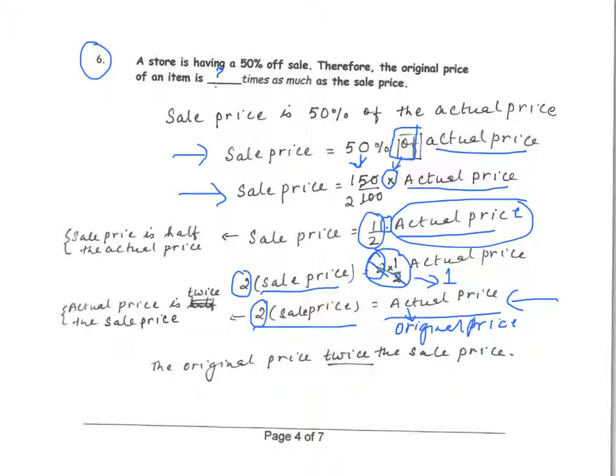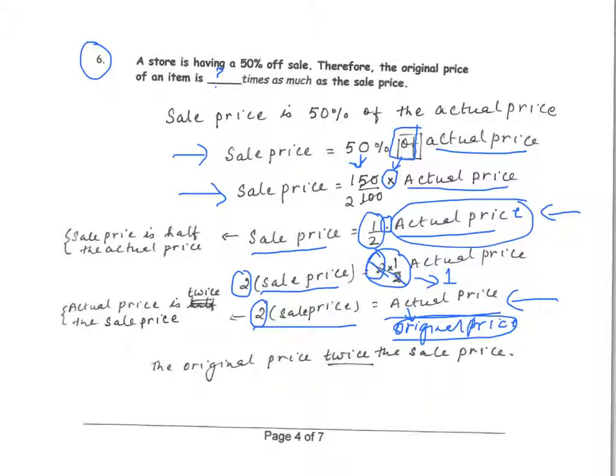It's the same as saying that the original price is twice the sale price. So once we have an equation that connects the two, we can either write the sale price in terms of the actual price. That's the way we are given. Or we can write the actual price, which is the original price, in terms of the sale price.